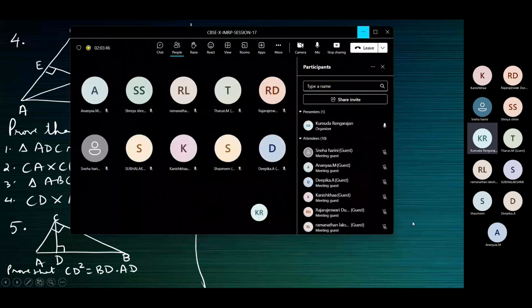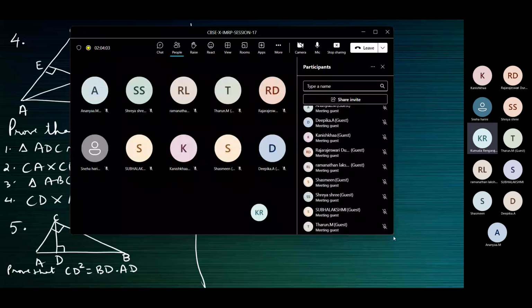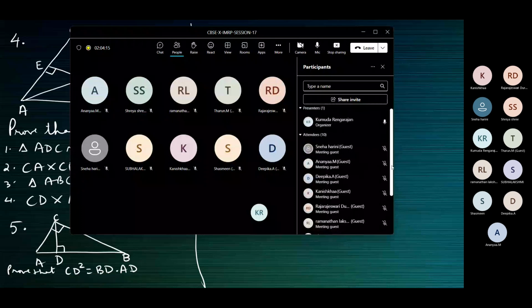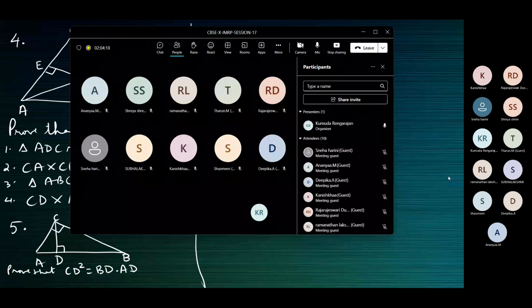Raise your hand. Use the emoji, raise your hand. How many of you finished working the fourth one? Okay, how many of you think you do not know how to answer the fourth one? Am I audible? Raise your hand.